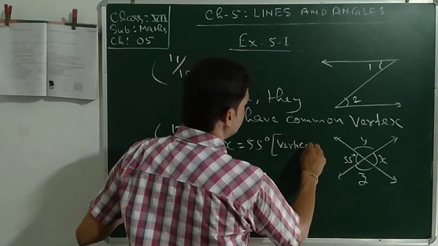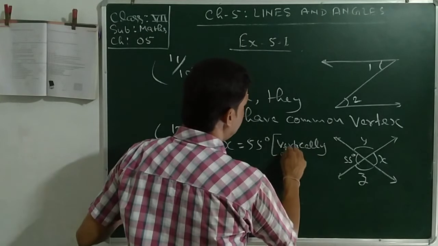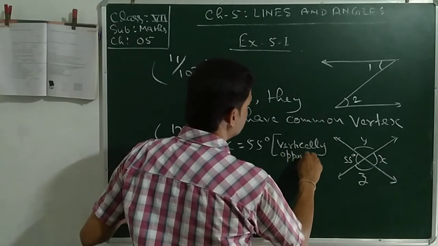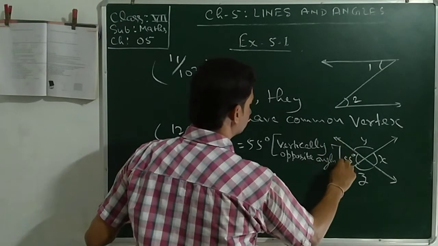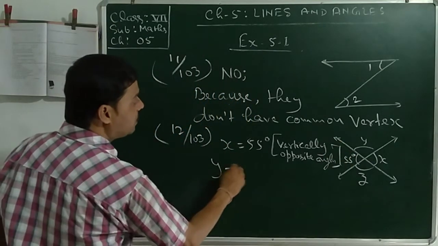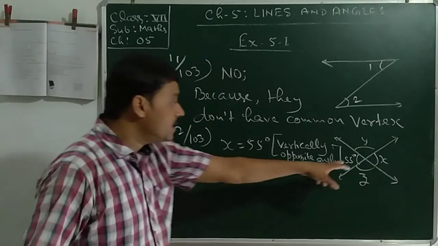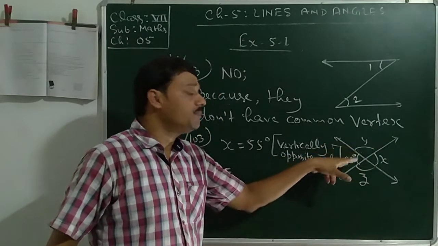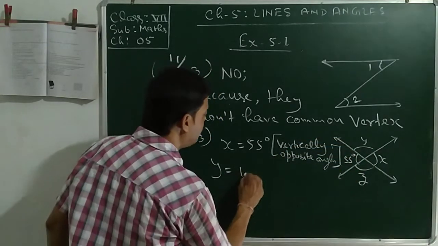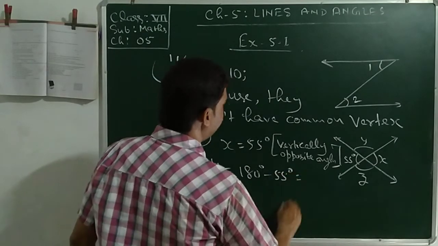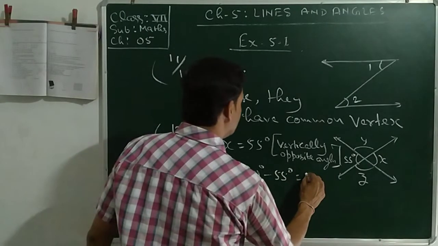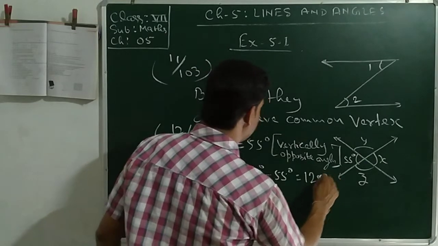Vertically opposite angles. Y equals, see, these two angles form a linear pair. So angle Y will be 180 degrees minus 55 degrees, that is 125 degrees.